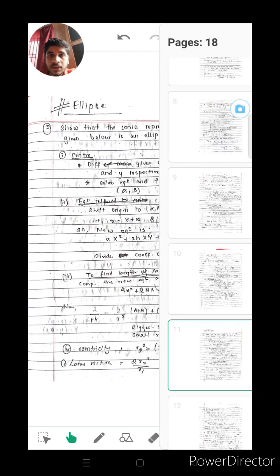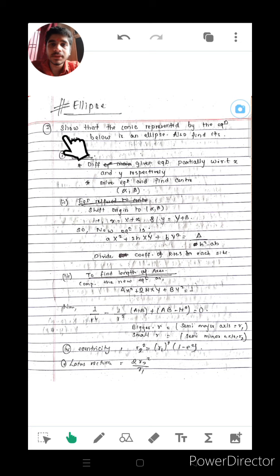So the process of solving an ellipse is, for the center, we have to differentiate the given equation partially with respect to x and y respectively, and by solving those two equations we'll get the point of the center as alpha and beta. For the equation referred to the center, shift the origin to alpha and beta, that is x equals capital X plus alpha and y equals capital Y plus beta.